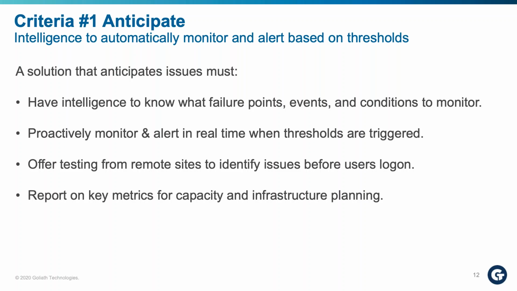You also need to be able to test availability and performance across remote locations. We work with a lot of health systems that have multiple hospitals. You can't be in each location testing performance. You need to be able to do that automatically with intelligence so that you know if there's an issue. And then you need to be able to report on all of this so that you can address issues before end users are impacted. So let's jump into a user story.